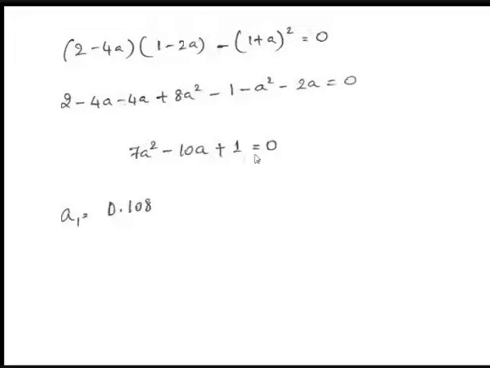So if I solve this, I'll be getting two values for a, a1 and a2. So what is the a1 value? 0.108. Then a2 is 1.32. So I've got a1 and a2.